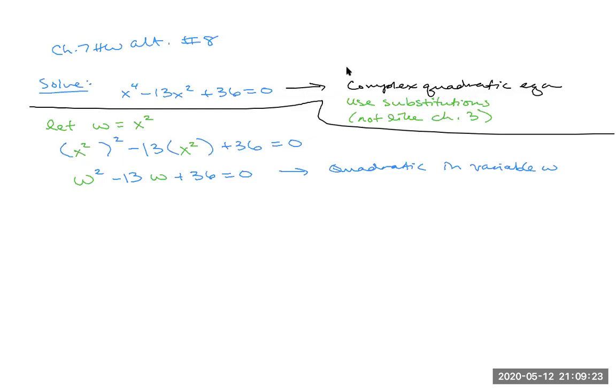Let's use our AC method here as a recap. I have A is 1, B is -13, and C is 36. A times C is 36. B is -13. What numbers multiply to 36 and add to -13?